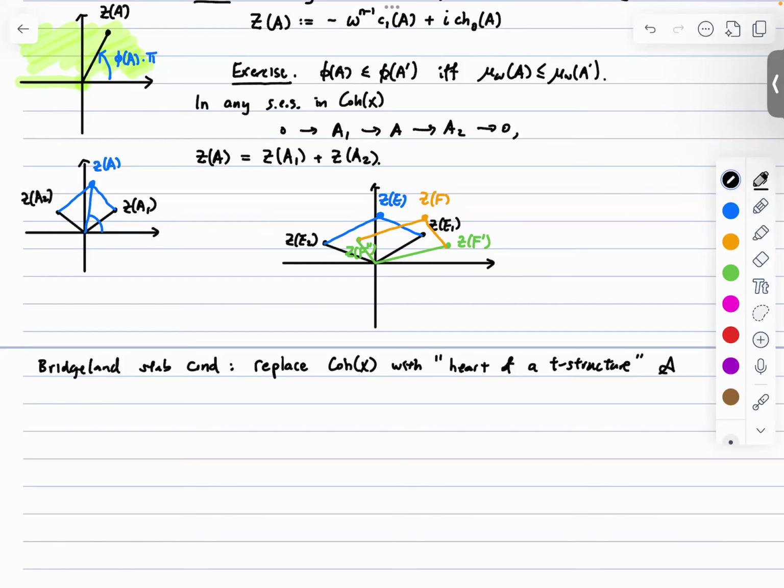So let's call it A. You will replace the category of coherent sheaves with the heart of a t-structure in the bounded derived category of coherent sheaves.